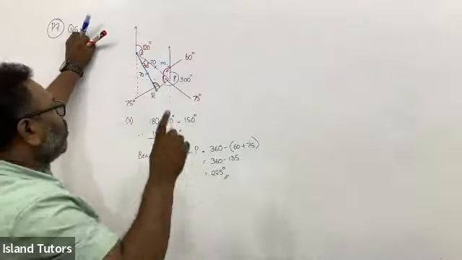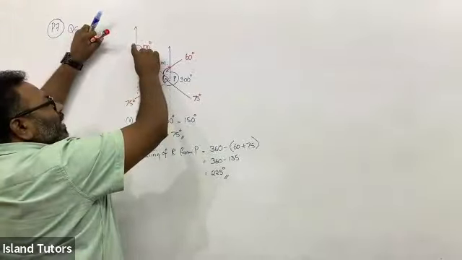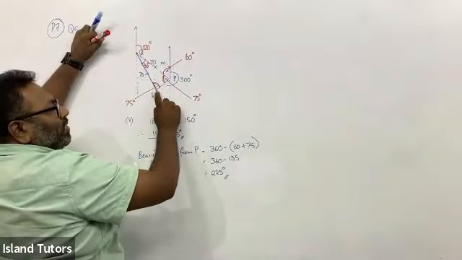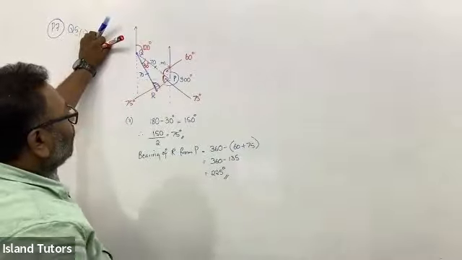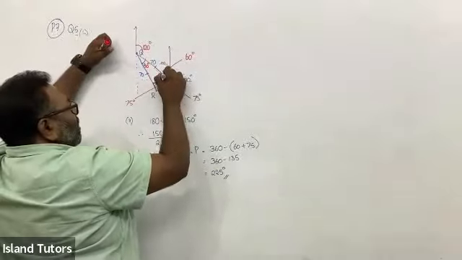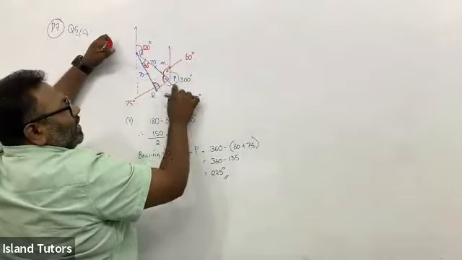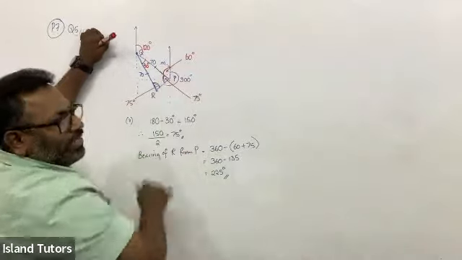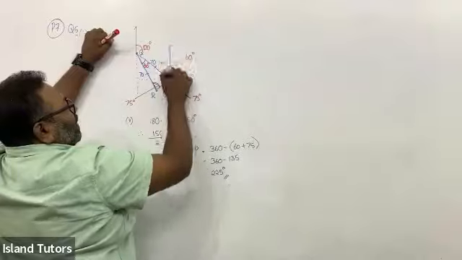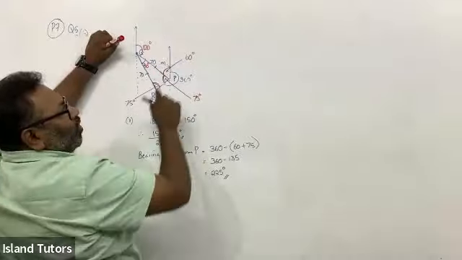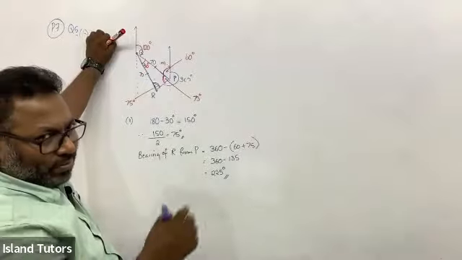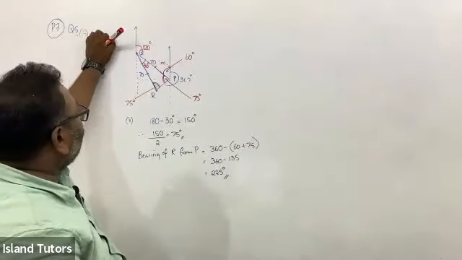After going to Q, it's traveling at 150 degrees and 70 kilometers to R. So before we do that, what we know is this angle, if this is 300, then this angle has to be 60. And these two sides are parallel to each other because they are perpendicular. So if this is 60, this angle has to be 120. Why? They are allied angles.